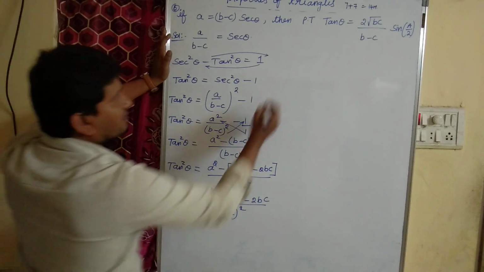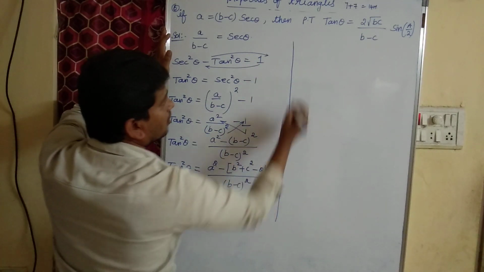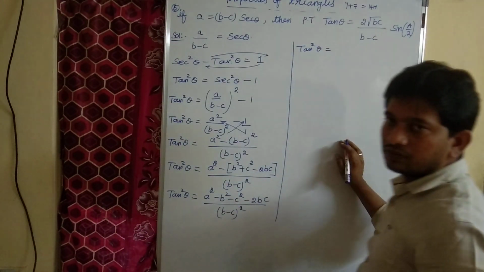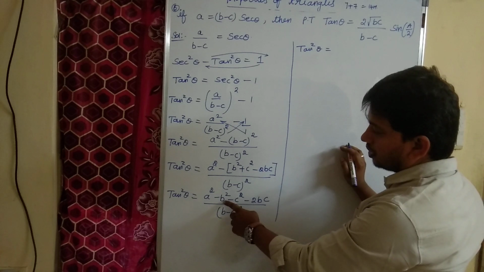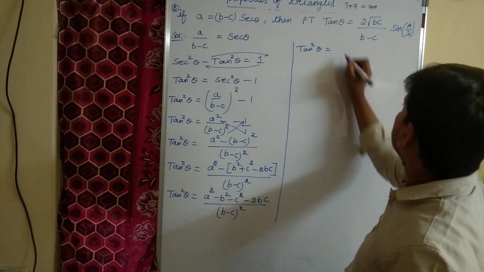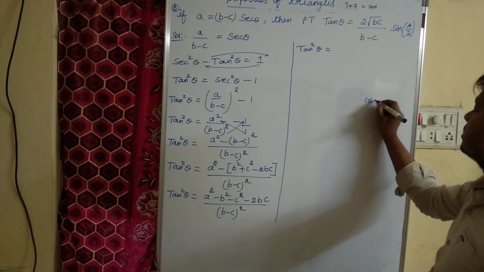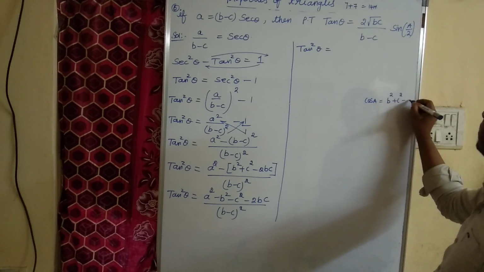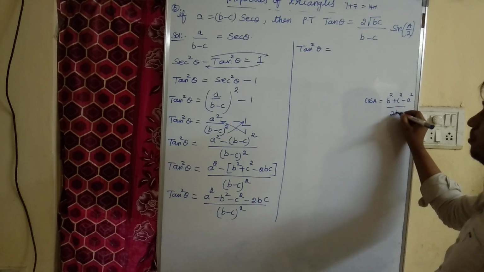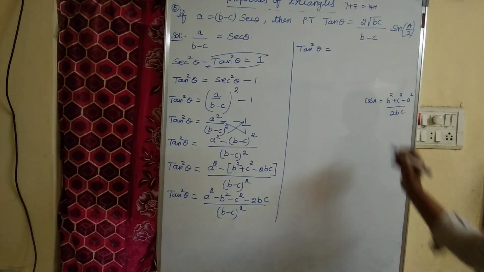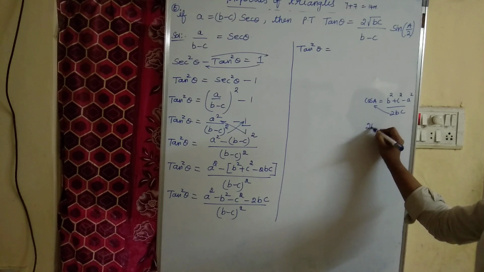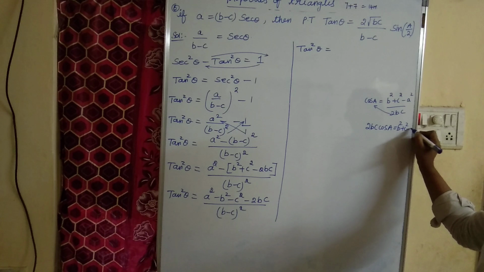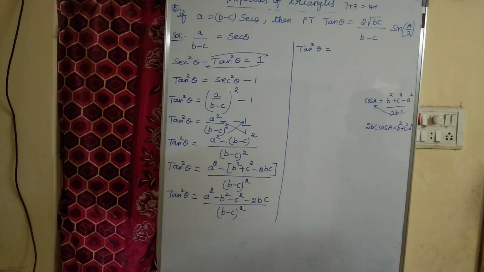So tan²θ equals... for a² we have the formula for cos A: cos A = (b² + c² − a²)/(2bc). So 2bc cos A = b² + c² − a².